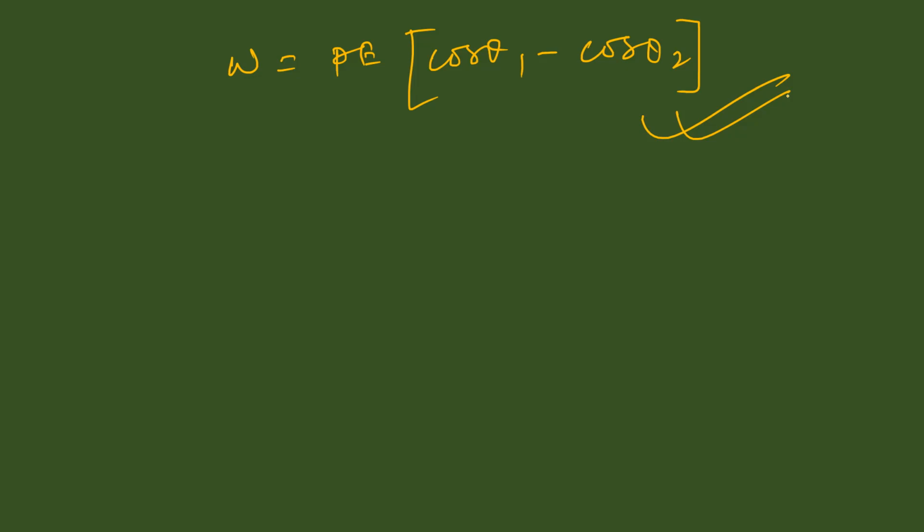Now the final derivation we are going to do: whenever the dipole is rotated through some angle theta, before that you have to bring the dipole from infinity into the electric field. That means from outside the electric field you have to bring the dipole into the electric field. Obviously some work must be done, and we have to calculate the work done in bringing the dipole into the electric field, and we'll get the final expression of potential energy also.